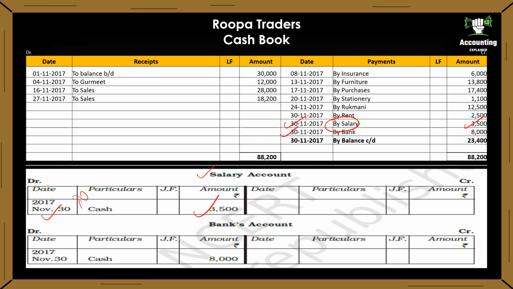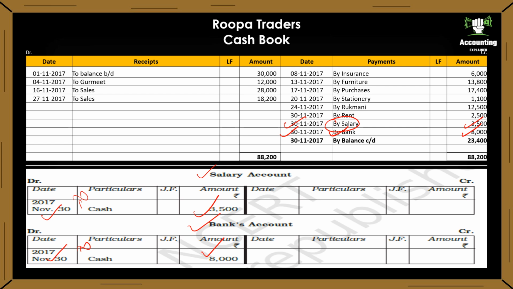The last transaction is 30/11/2017, by bank, 8,000 rupees. Opening the bank account, here by bank, so on the left side of the bank account we write 30/11/2017, to cash, 8,000 rupees. With this we are completing the single column cash book. Now you know two ways to do the single column cash book. The first way is to write the journal entry and post it to the cash book.